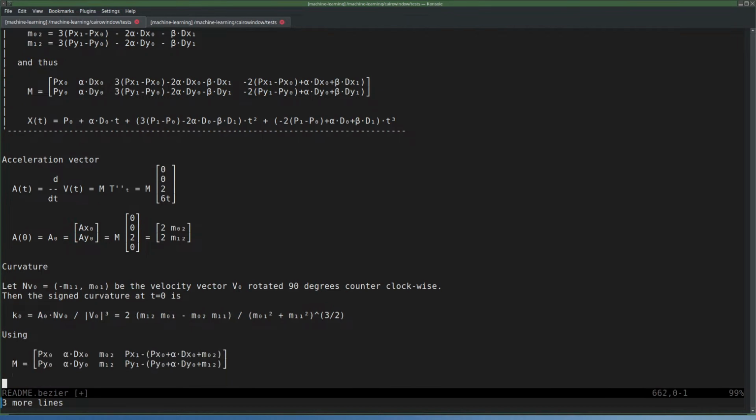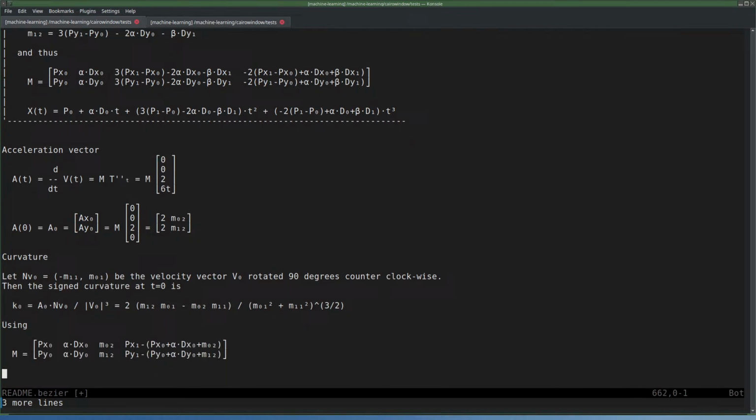I don't know what to use it for, but I want to see it anyway. What can we do with this? Now we know that. Okay.